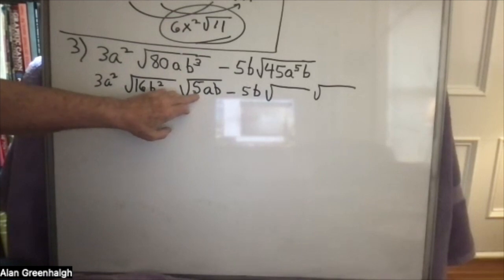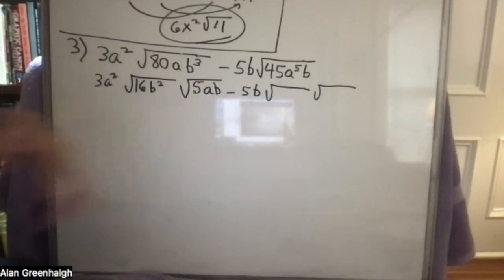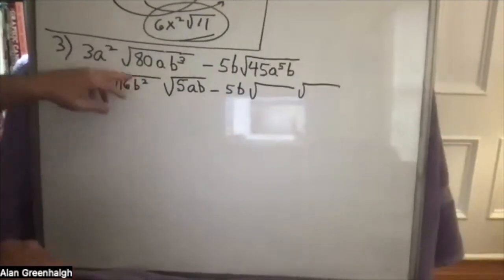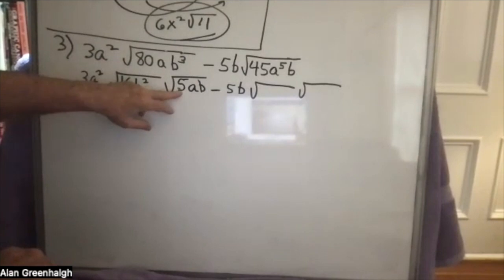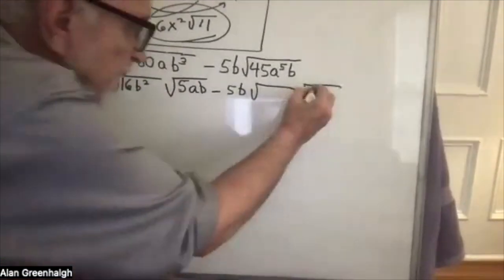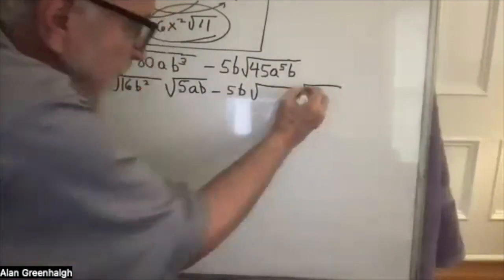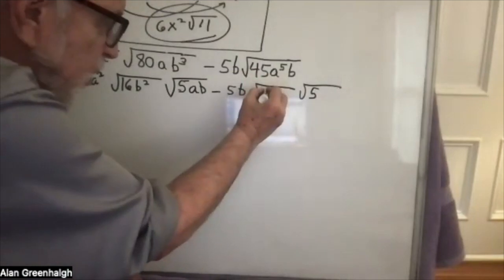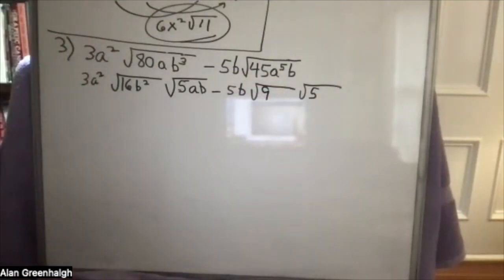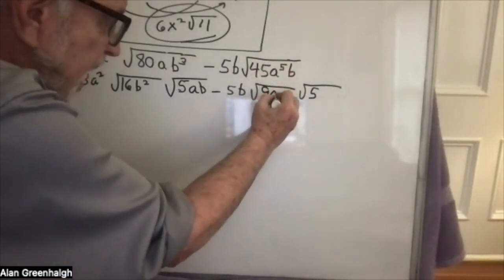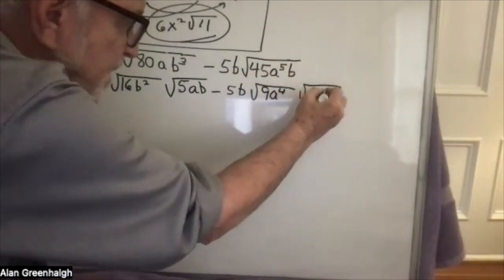So that would lead you to immediately say, and this is how I'm doing the problem, well, if it's going to be a 5 over there, it seems to me that there should be a 5 over there. So let's try 5 into 45. Yeah, because here's the perfect square. And here is the a to the fourth and the a.